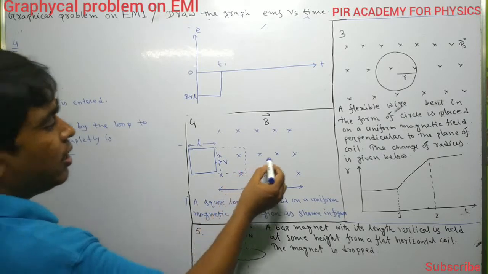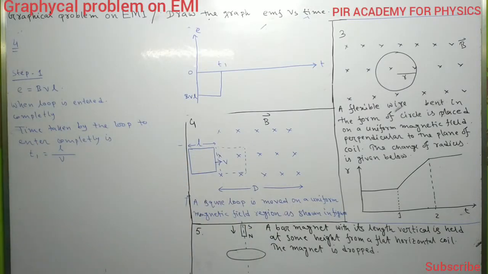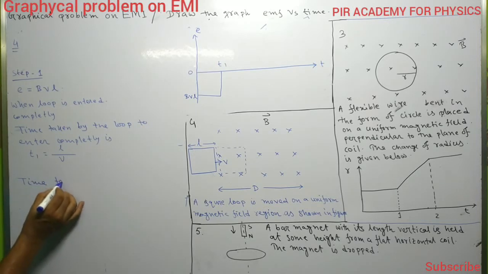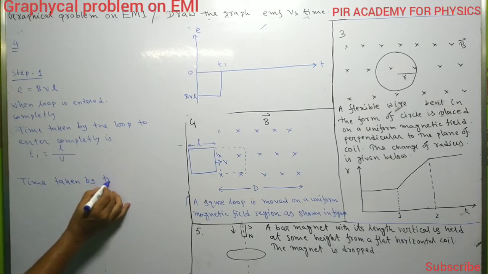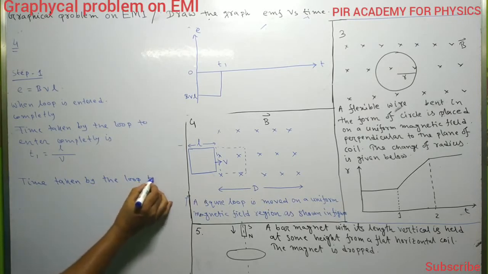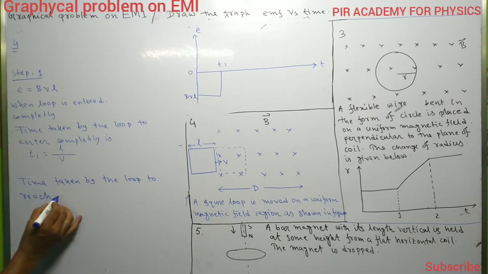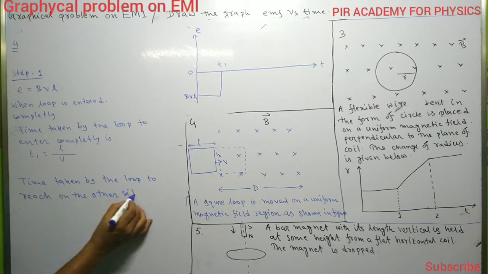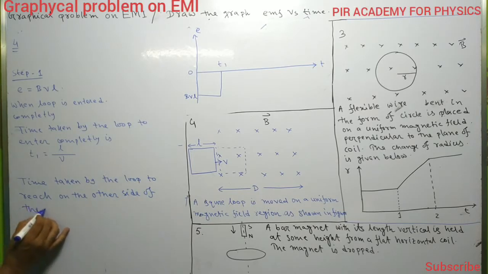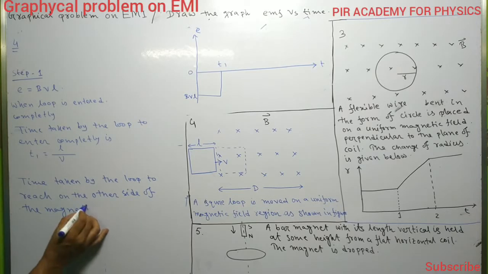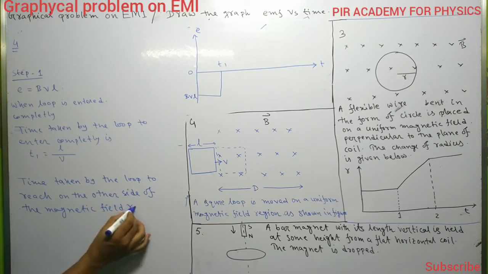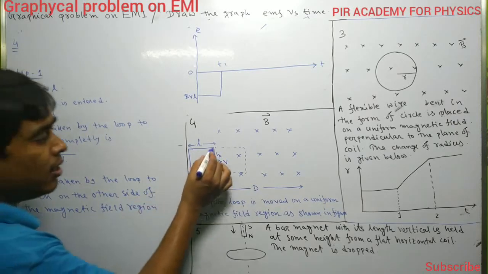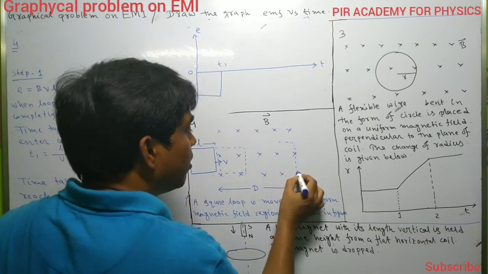After this there is no change in magnetic flux up to the time the loop reaches the other side of the magnetic field region, that means when this loop reaches this condition.